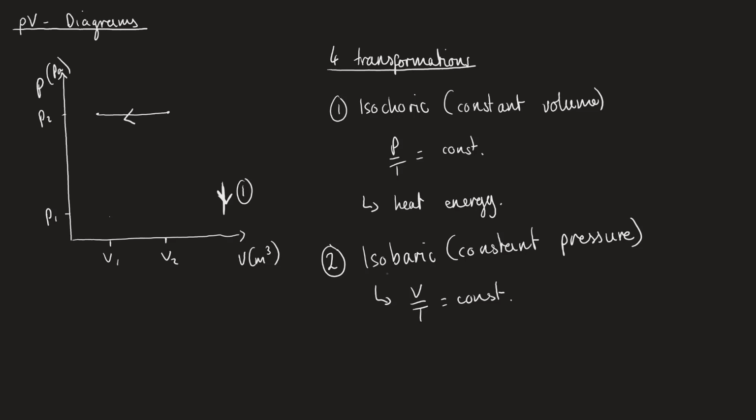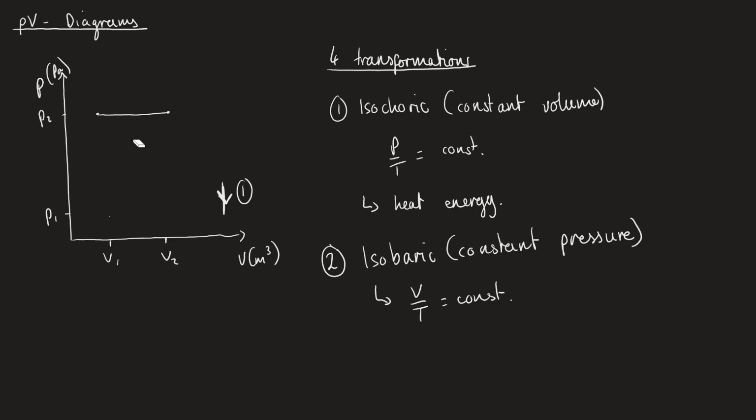The key with this is that there will be heat flow in and out of the system, but there will also be an overall work done. Whether this is on or by the gas depends on what direction it's flowing in. If the gas is doing work, that means the gas is exerting energy on the boundaries.